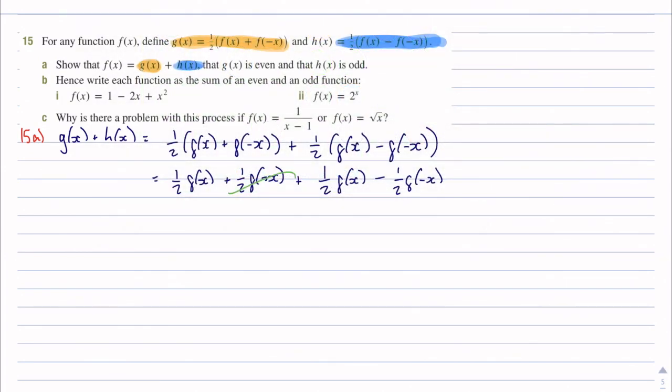These two cancel out, so I end up with half plus a half is 1 f of x.